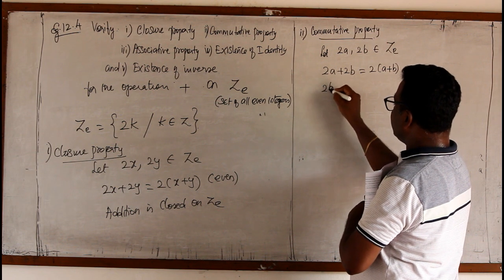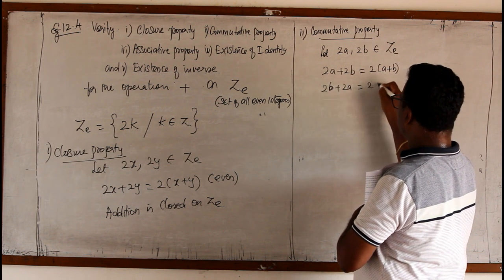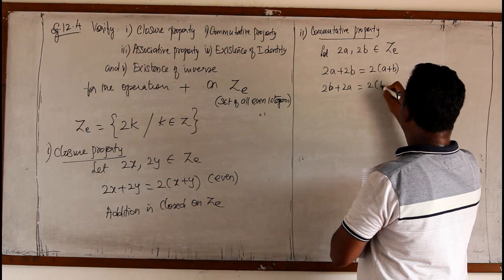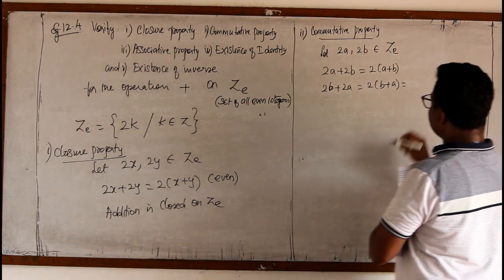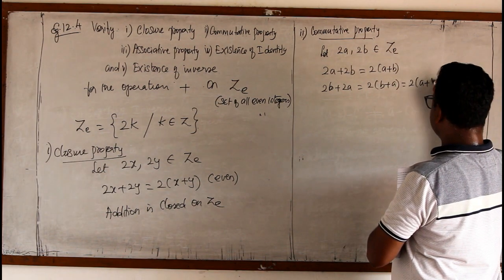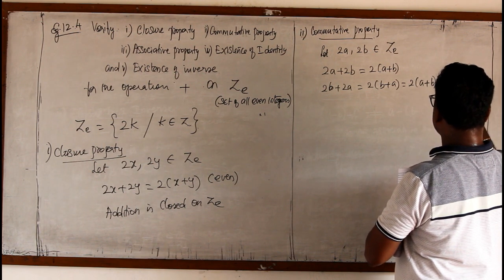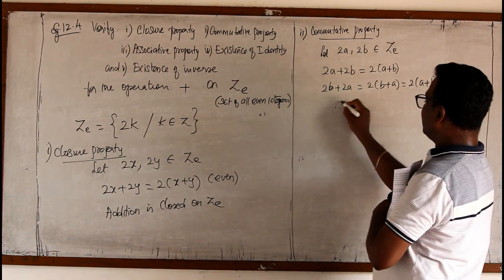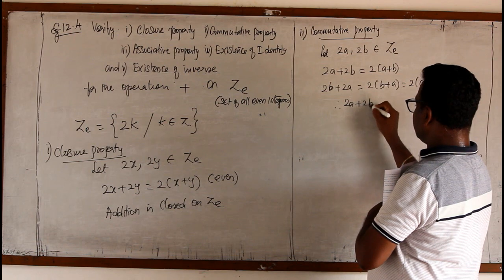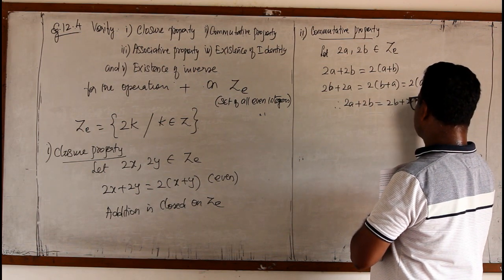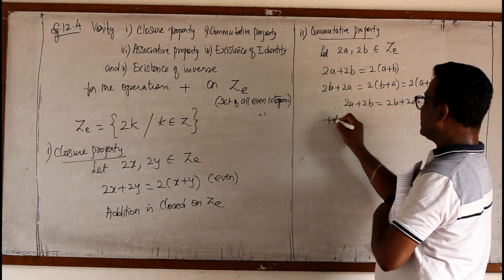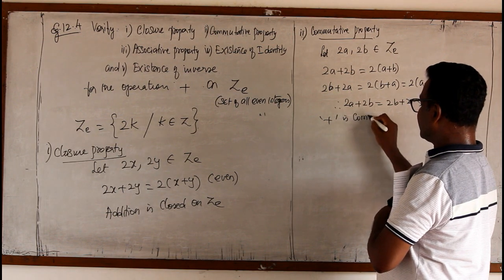Now 2b plus 2a becomes 2 into b plus a. I can write it as 2 into a plus b, which is equal to 2a plus 2b. Therefore, 2a plus 2b equal to 2b plus 2a. Therefore, plus is commutative.